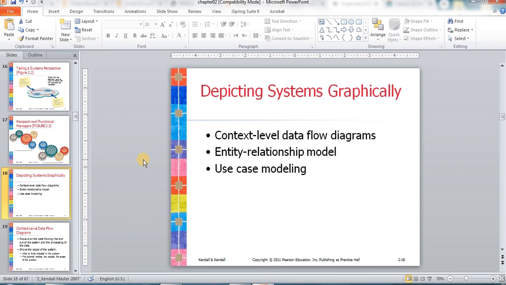So how to transform our depiction of the organization as a system into a graphical description. This will be the topic of the next lecture. We will be tackling 3 main types of design tools that enable us to draw the complete organization as a system. These tools are use case modeling, data flow diagrams, and the entity relationship model in order to design the database of the company.